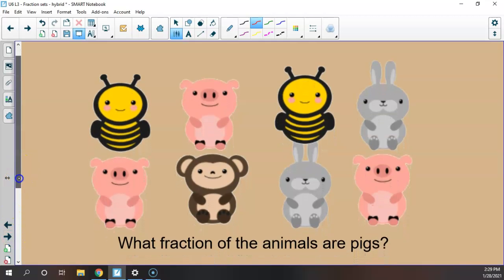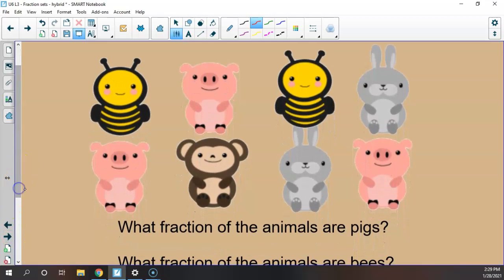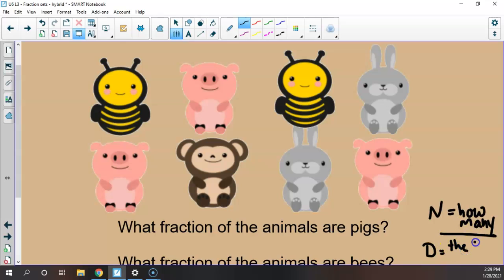All right, let's look at fractions of a set. So here we have a group of animals. We have bees, pigs, monkeys, and rabbits. So our job is to figure out what fraction of the animals are pigs. Now remember, our numerator is how many we have, and the denominator, the bottom number, is out of the total amount.